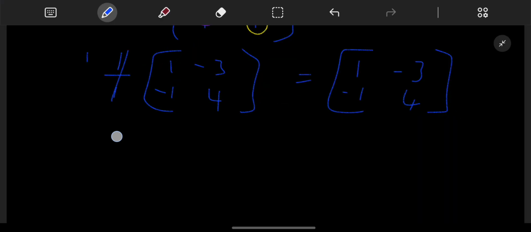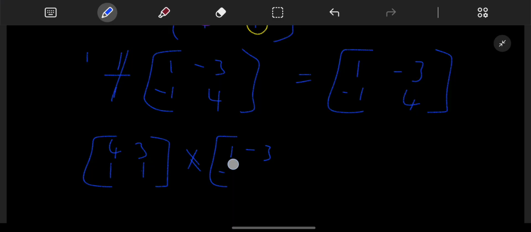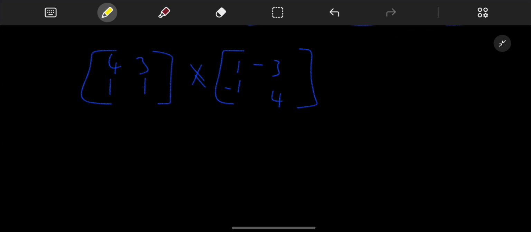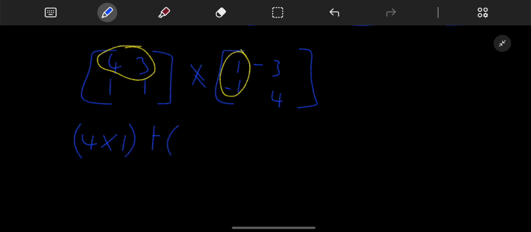So we're going to multiply the original matrix, which is 4, 3, 1, 1, and its inverse, which is 1, -3, -1, and 4, to get the identity matrix. This is a 2 by 2 matrix multiplying a 2 by 2 matrix, so the result is going to be a 2 by 2 matrix. We start with this row and this column. So we say 4 times 1, then we add the product of 3 times -1.